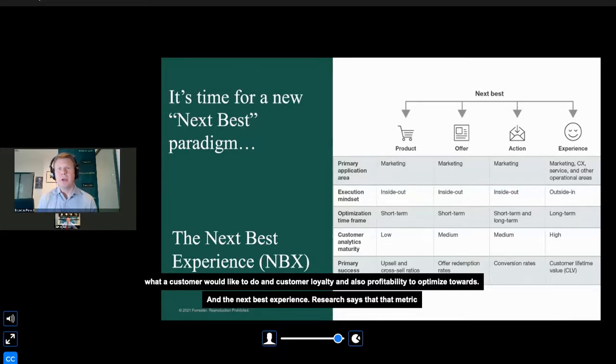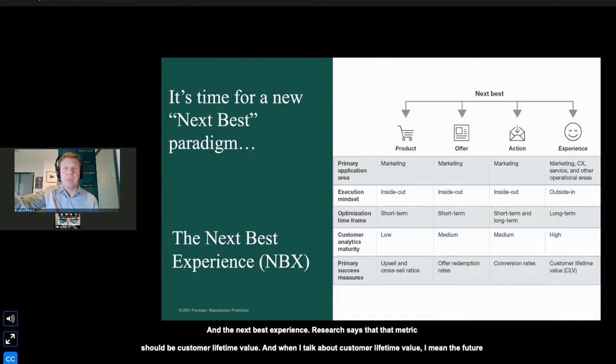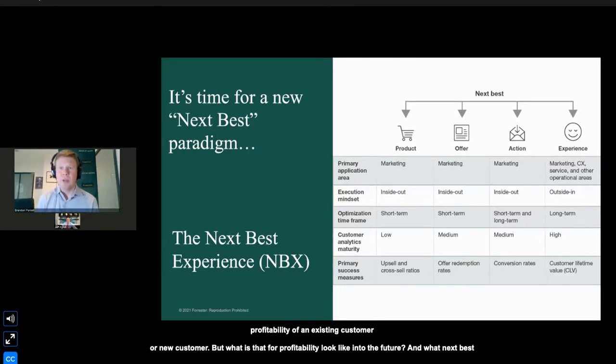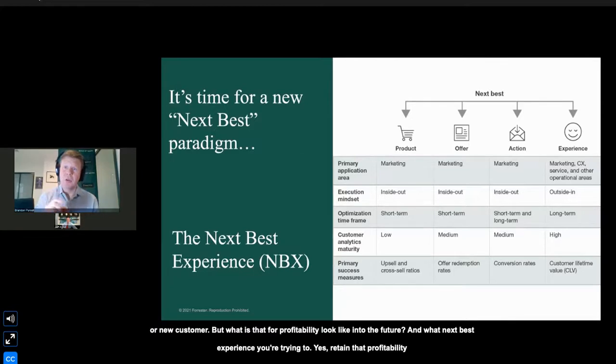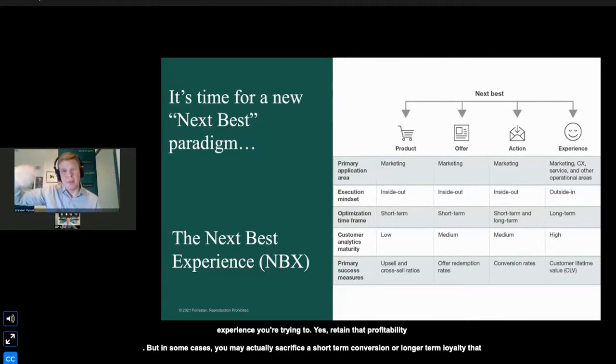And when I talk about customer lifetime value, I mean the future profitability of an existing customer or new customer. But what does that forward profitability look like into the future? And with next best experience, you're trying to, yes, retain that profitability, but in some cases, you may actually sacrifice a short-term conversion for longer-term loyalty that leads to a longer lifetime and therefore lifetime value.